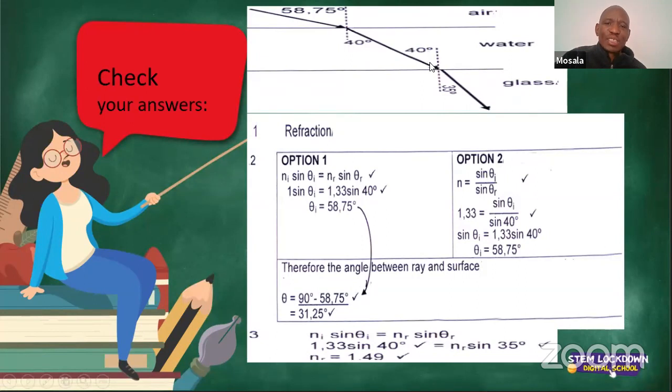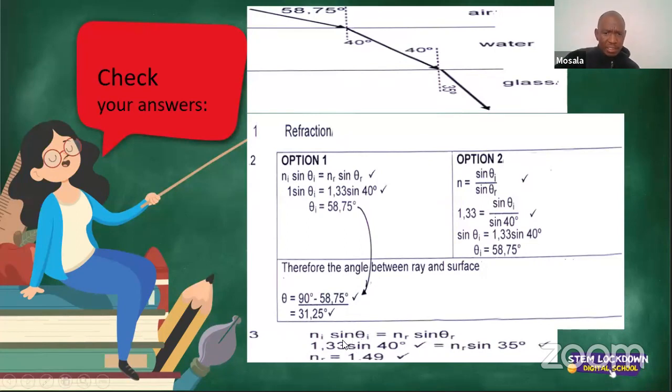Where do we get this 40 degrees? We know the normal is perpendicular to the surface, so the two normals will be parallel to each other. If these lines are parallel and this is a transversal, this will be an alternate angle, and this angle will also equal 40 degrees.